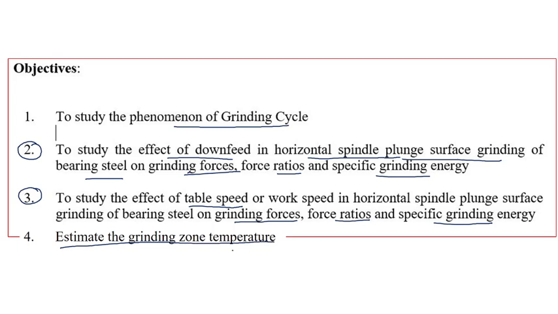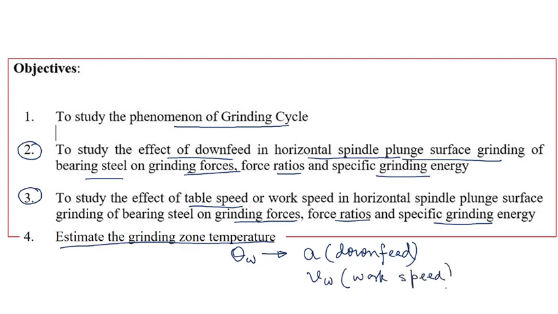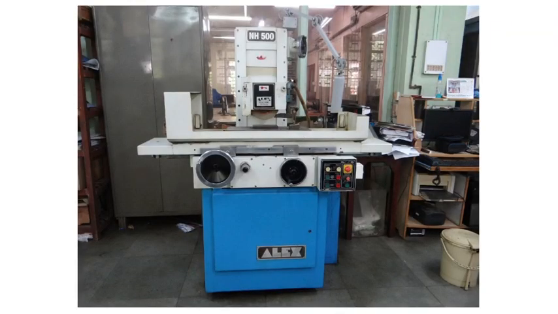So once you estimate the grinding zone temperature, then you would also be able to see the effect of down feed, which is typically denoted by A, and effect of work speed on grinding temperature.